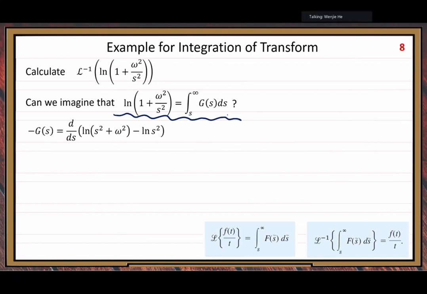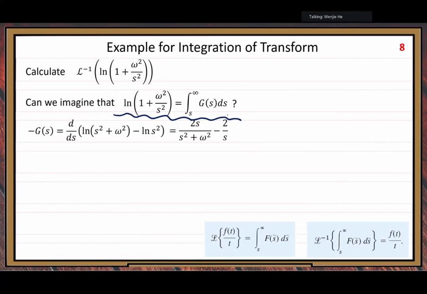So when you take the derivative, the derivative of this integral should be negative G, capital G. Upper limit, positive. Lower limit, negative. So then the derivative of the log function, you know how to find it. So let's calculate.